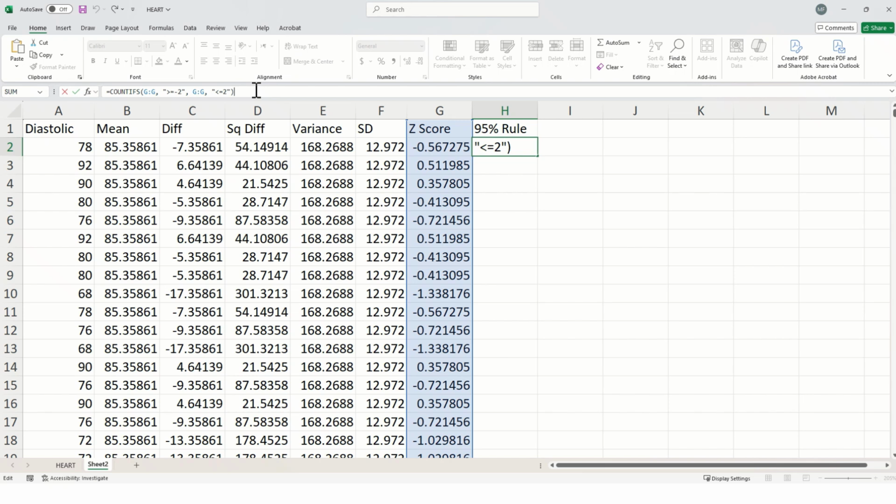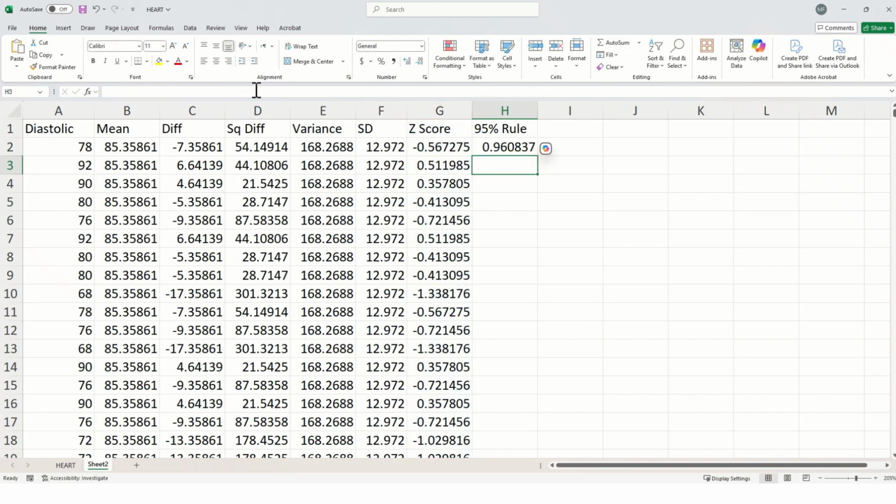Okay, now let's divide them by the total count of values there. That will give us the proportion of these values which are 2 standard deviations above or below the mean. Count G to G, close parentheses, enter.